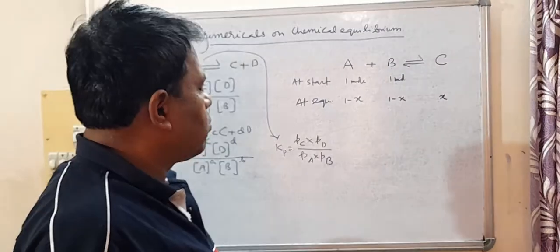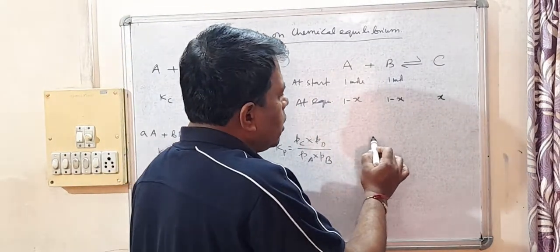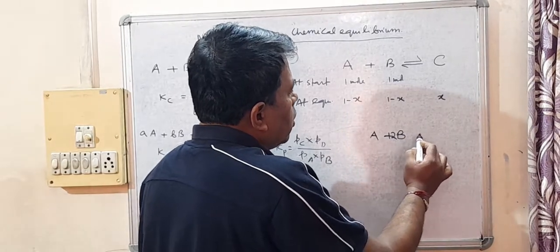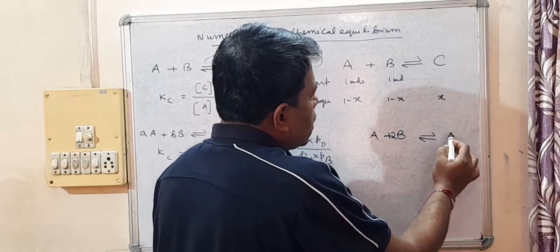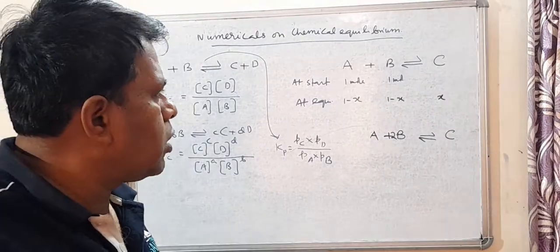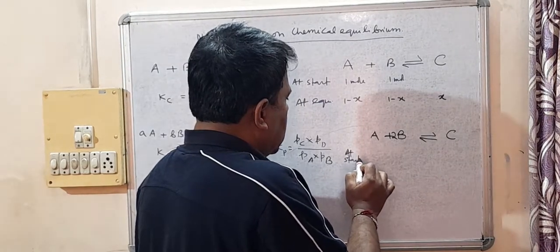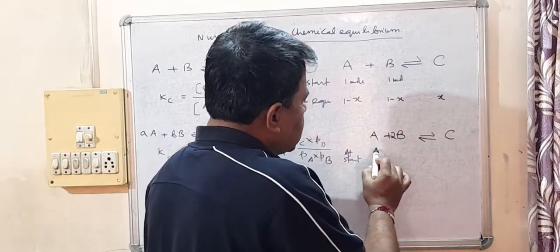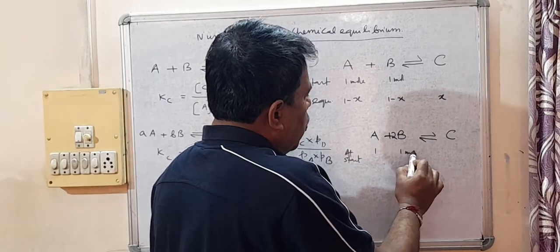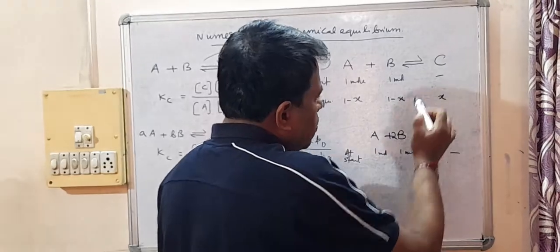This you need to understand. Now suppose we are considering this equilibrium, say A plus 2B reversible C. Here at start, say we once again have 1 mole of A and 1 mole of B, and there will be nothing of C at the beginning.